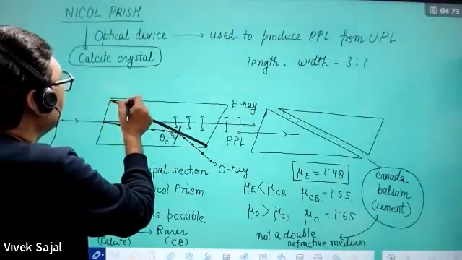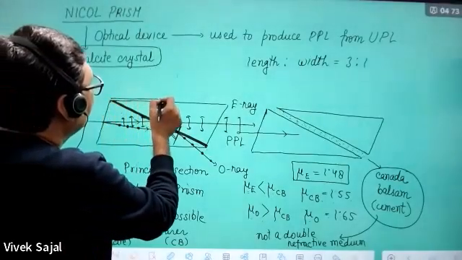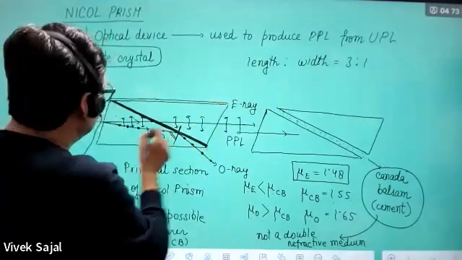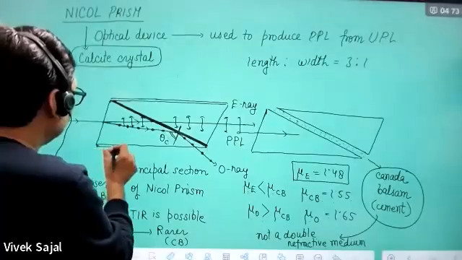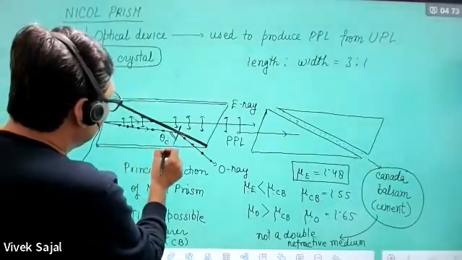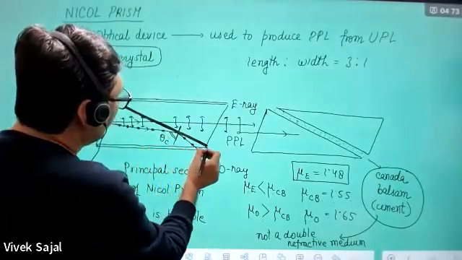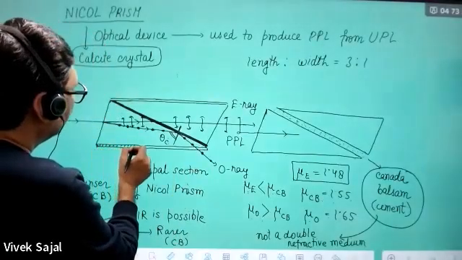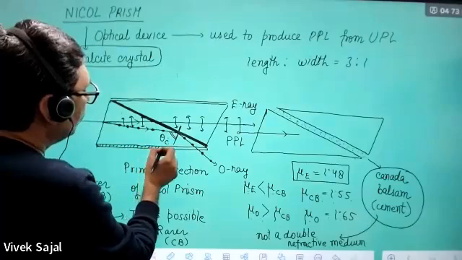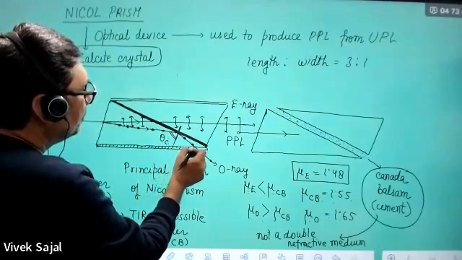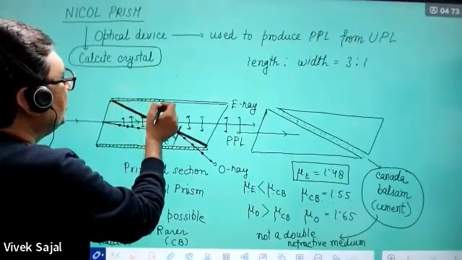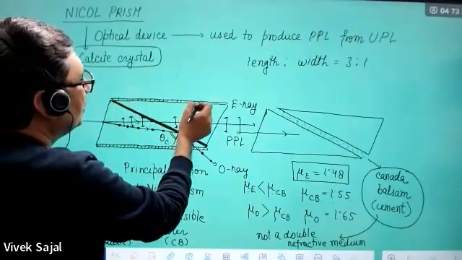On this side, you can paste a black paper or some absorbing medium layer. So this ordinary light will be absorbed by this. So O ray will be absorbed by this layer of absorbing medium.